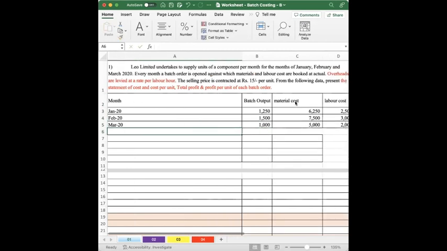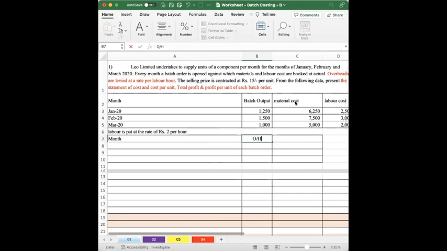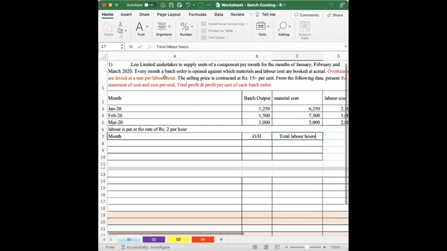Right. They say that the labor is paid at the rate of 2 rupees per hour. Okay, so the other details are given. So here also we have month. Then overheads, of course, we want overheads to calculate the cost. Total labor hours. Because in the question it says overheads are levied at the, see, in red color, rate per labor hours.